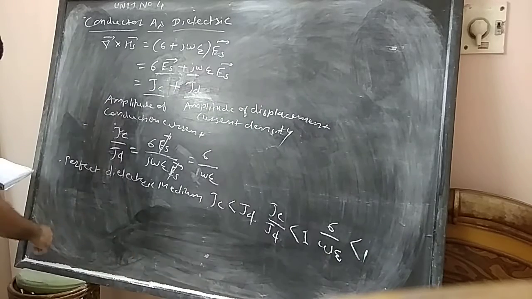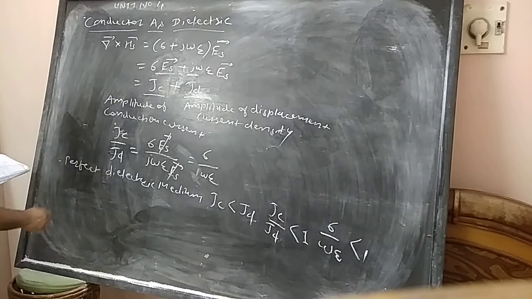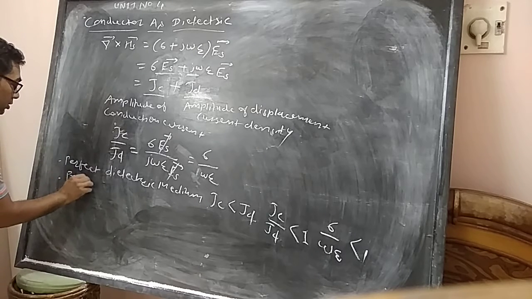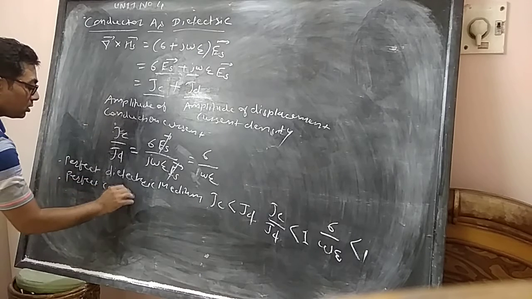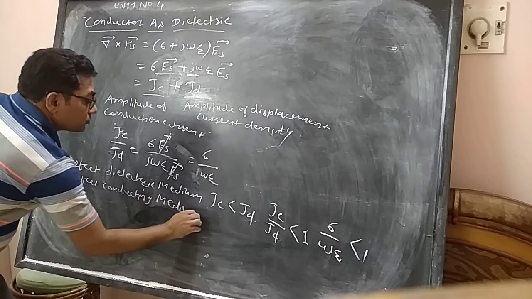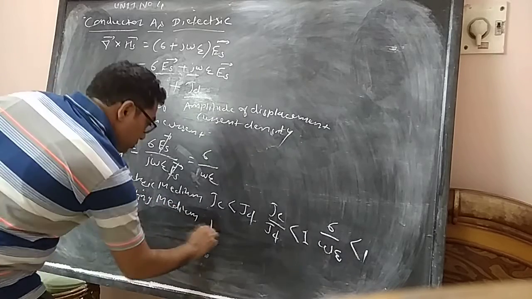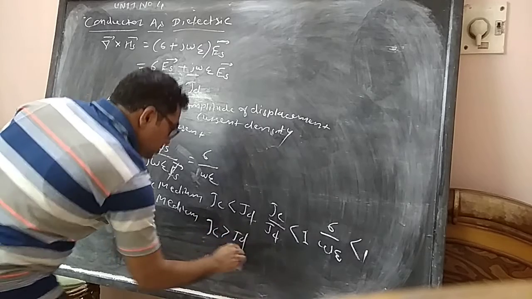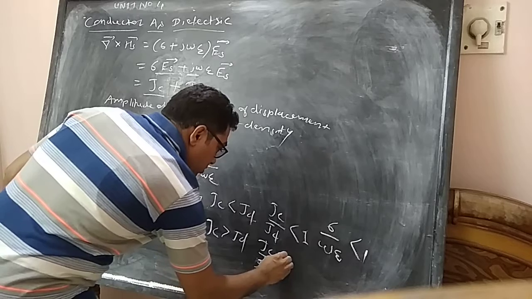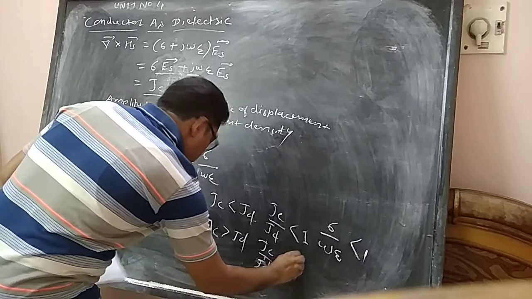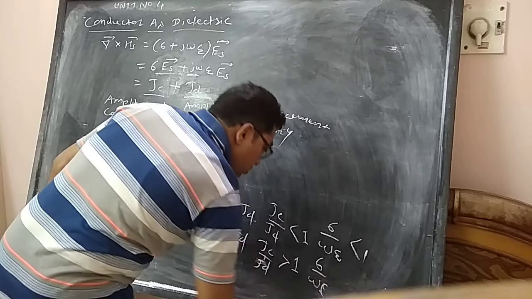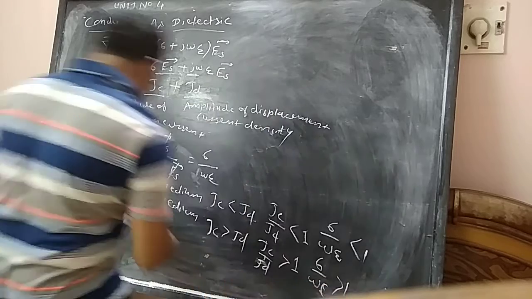Similarly, the condition for a perfect conducting medium is that Jc is greater than Jd, so Jc divided by Jd is greater than 1, again sigma upon omega epsilon is greater than 1.